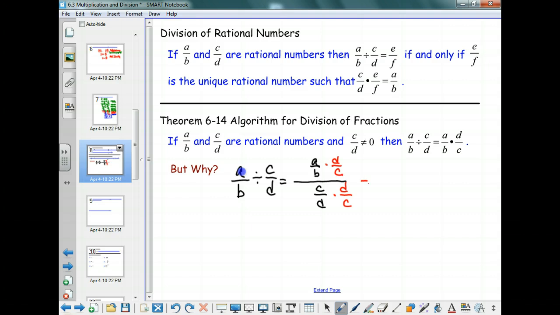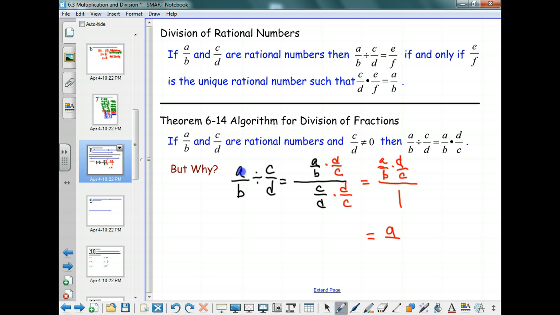So like I said, I like that because it gives me a 1 on bottom, but if you'll notice on top I have the a over b times d over c, that these directions over here, or this description of this algorithm, or whatever you want to call it, that I should have ended up with. And of course, division by 1 does not change the value.